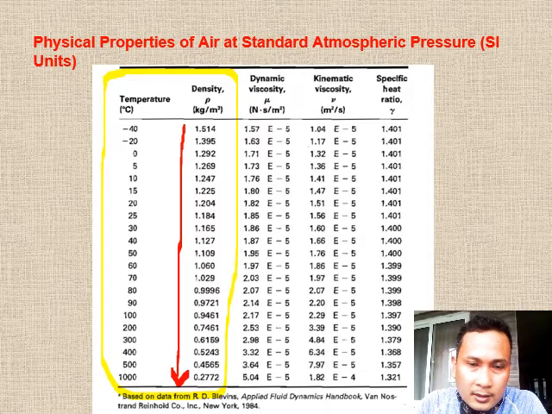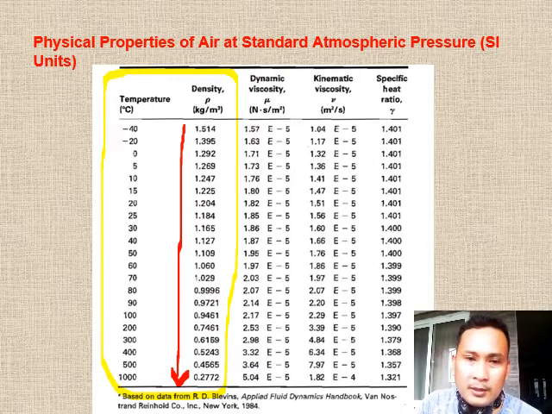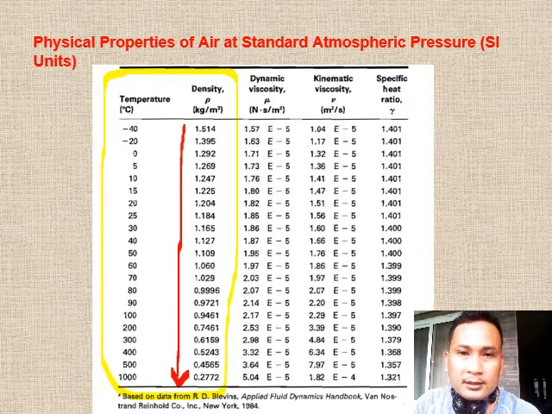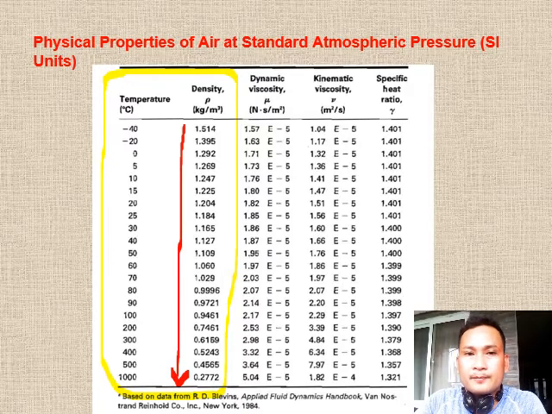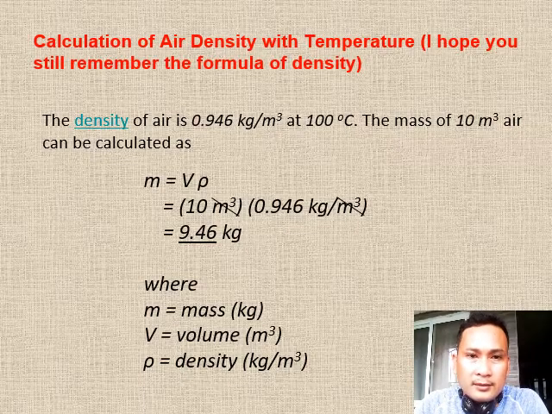The temperature increases from negative 40 degrees Celsius to 1000 degrees Celsius, the density is 0.2772 na lang. So the relationship is inversely proportional. Again, as temperature increases, the density decreases. I hope that's clear.